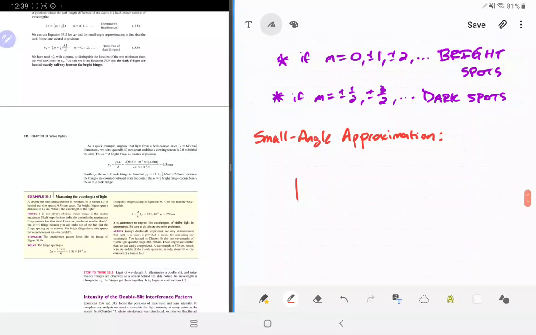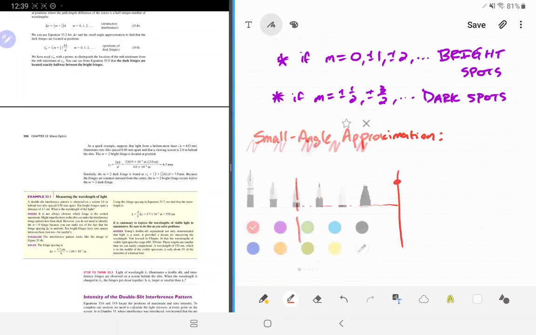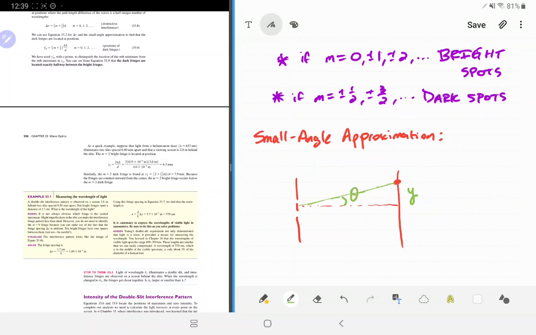So in the small angle approximation, let me draw the screen, let me draw the center line, let me draw a point right here. You can say, well, this is y, this is theta, and a lot of times you'll see that the angle is going to be really, really small.